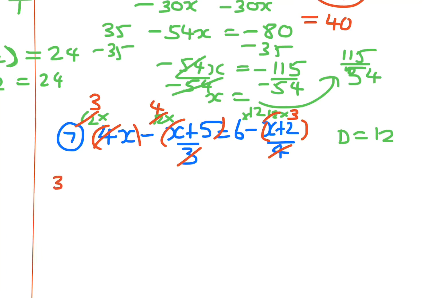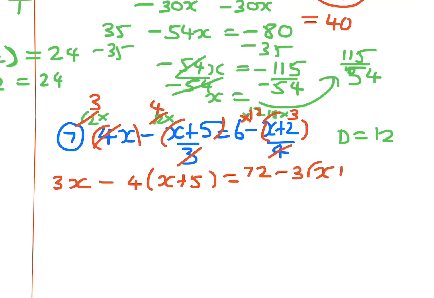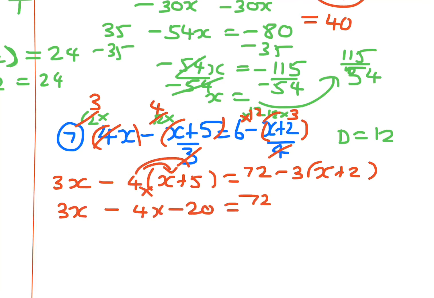So if I rewrite it, it's 3 times x is 3x minus 4, x plus 5 equals 6 12s. 6 times the 12 is 72, minus 3 times x plus 2. 3x minus 4x minus 20 equals 72 minus 3x minus 6.